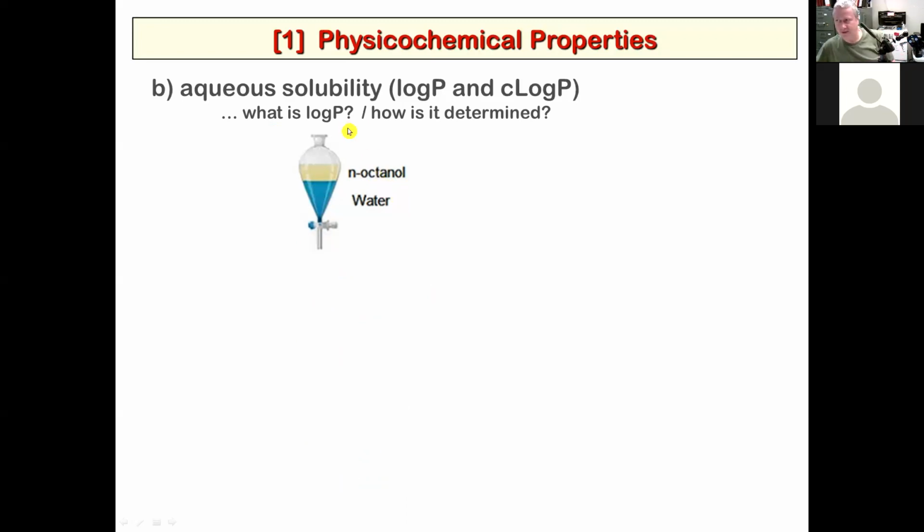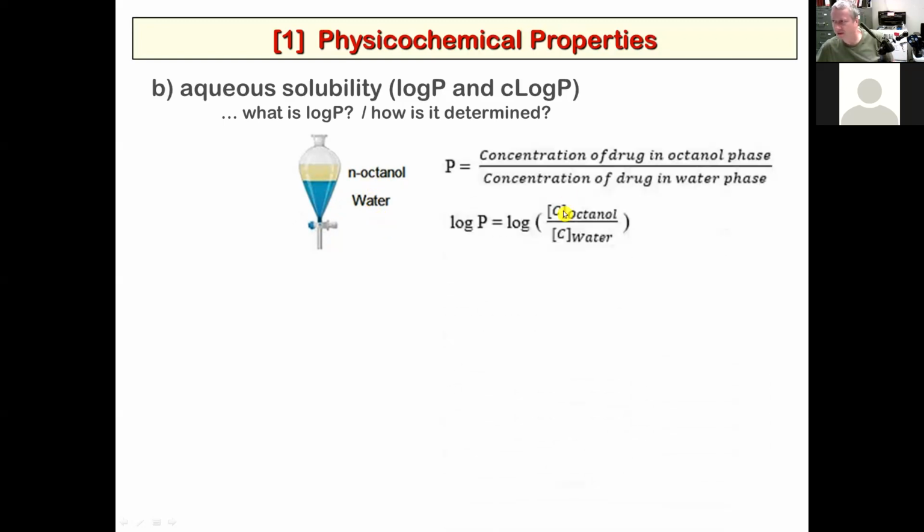And anyway, so log P is simply going to be a partition, like an equilibrium constant between octanol and water. That's basically it, right? So it's essentially the concentration of the drug in octanol divided by the concentration of the drug in water, right? And then if we take the logarithm of that, it's just concentration in octanol over water.